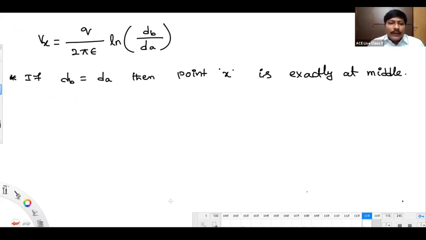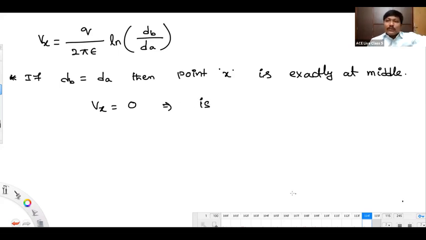Now, what is the voltage at that point X you are experiencing? 0. Voltage at that point X will be 0, and we are going to name it as neutral plane. Neutral means 0. So this we are going to say as isolated neutral plane.